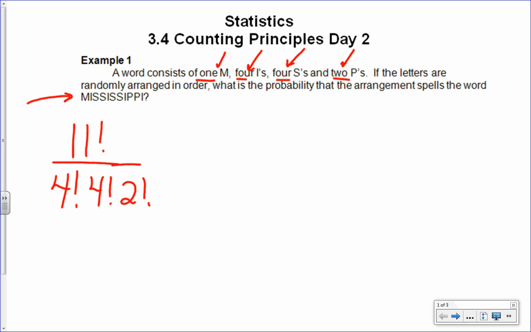Again, you could do this by hand if you wanted to, or we all have the calculators handy. We could cancel off things or whatever we wanted to do. But let's make sure that our calculators are working properly. If you are going to type this in all the way, you probably do want to put parentheses around that bottom so it divides all of it, instead of just typing it straight in, where it might start multiplying on you.